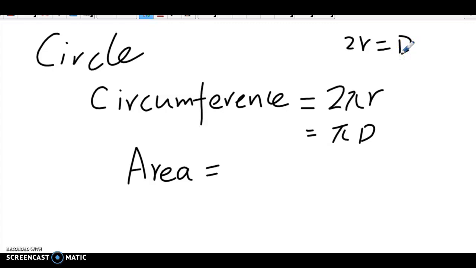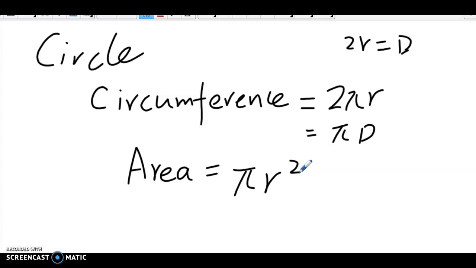Alright? So this is the formula of circumference, and the other formula is about the area of a circle, which is pi r square. Pi r square. Okay? So those are the formulas we should remember.